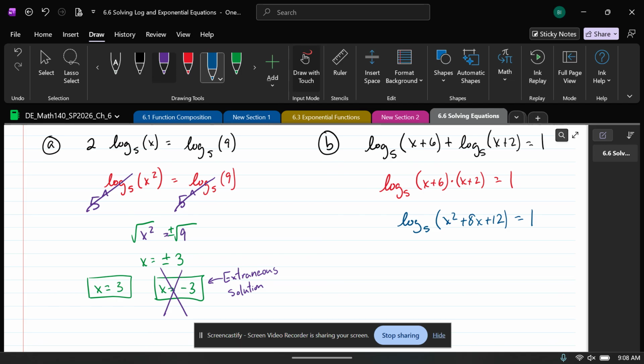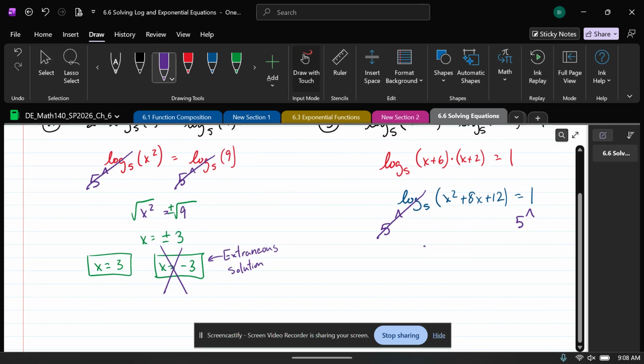So to get rid of the log base 5, I'm going to exponentiate with the base 5. On the left-hand side, that 5 raised to the log base 5 stuff, that is one of our simplifying properties, and that cancels out the logarithm.